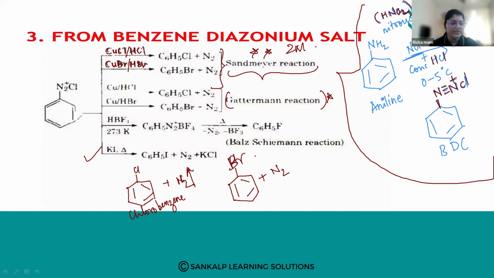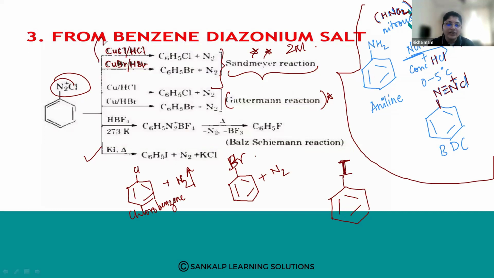When you treat benzene diazonium chloride with heat, what will happen? The diazonium group is replaced by iodine. It does not require cuprous halide. Whenever you want to prepare iodides, like iodobenzene, you do not require any cuprous iodide, and it can easily be done by heating with KI. Unlike the cuprous chloride and cuprous bromide used earlier, there is no requirement of cuprous iodide.